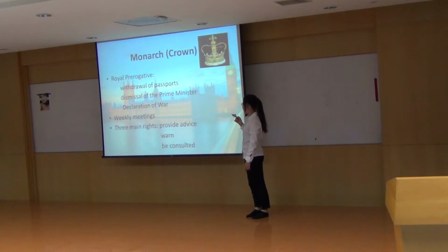These powers are known as royal prerogative and can be used for a vast amount of things, such as the withdrawal of passports, the dismissal of the prime minister, and even the declaration of war. The monarch has weekly meetings with the prime minister, where she may express her feelings, warn or advise the prime minister in the government's work.